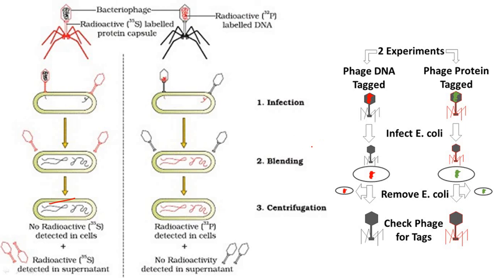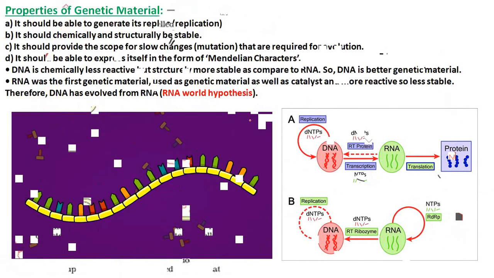This causes the high radioactivity in the supernatant. On the other hand, some of the radioactive capsules of the phage virus still adhere to the bacterial cell, and this causes a trace amount of radioactivity in the pellet. Okay, I think you got it: the DNA of the phage virus is responsible for carrying the characteristics to the next generations, so they proved DNA is the genetic material.